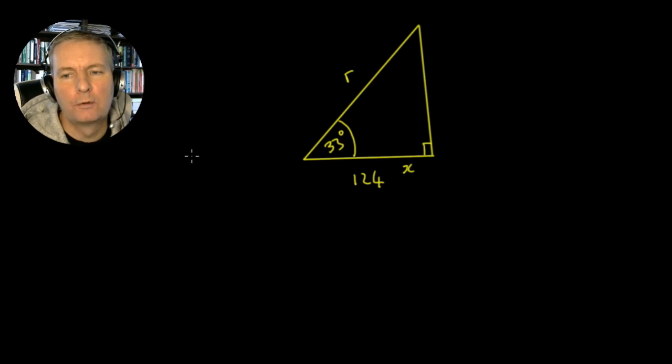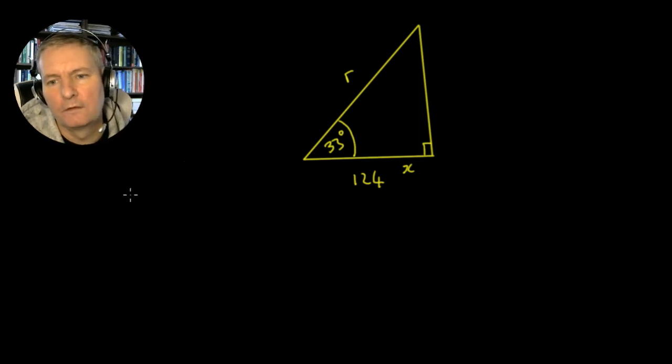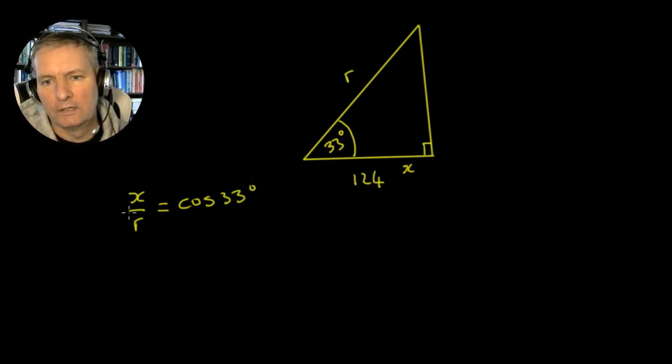So we know from the cosine function that we can say that the ratio x upon r is equal to the cosine of 33 degrees. And we know we can get this ratio just by putting this into the calculator.